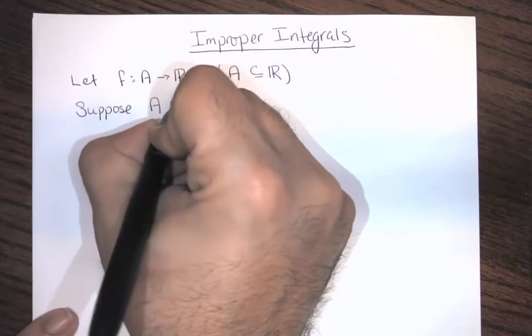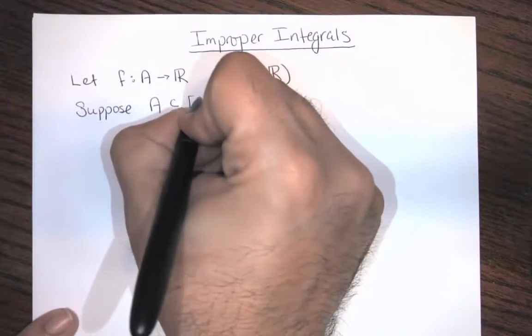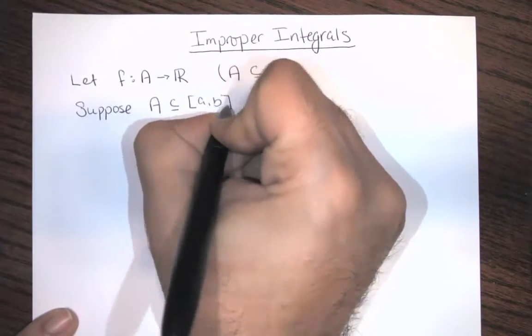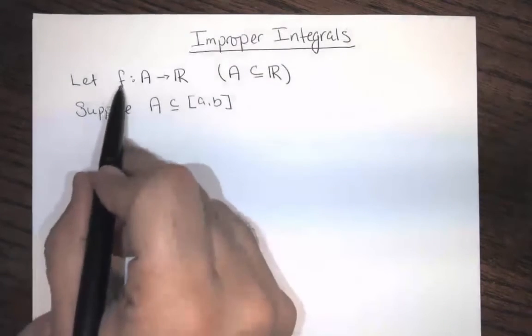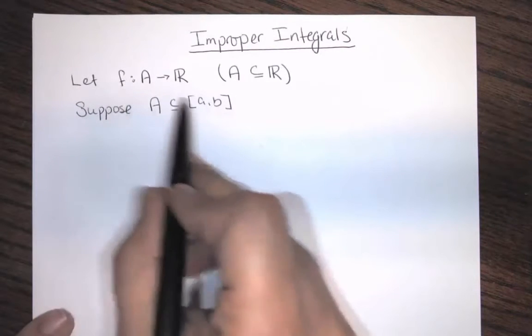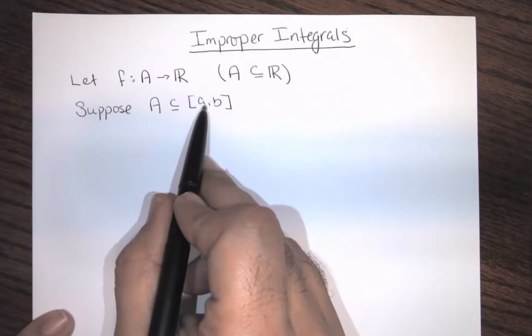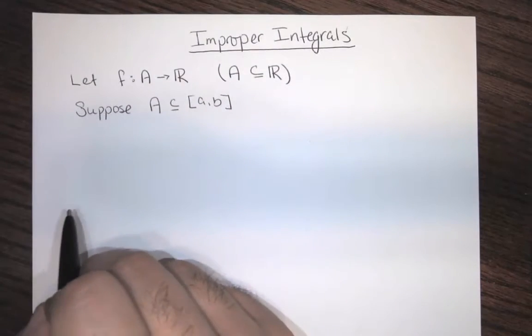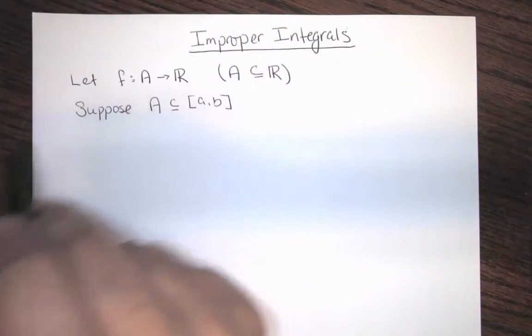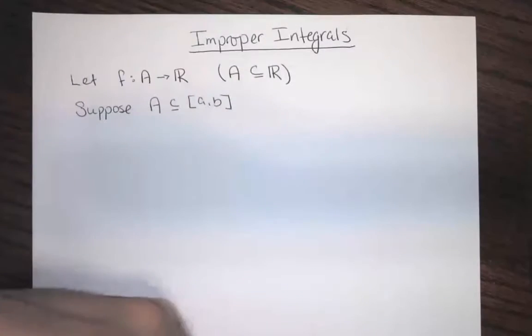If A is bounded, in other words, it's contained inside some closed interval, then I can extend this function to this domain in a way that retains whatever area under the curve for x in A, if that can be defined.